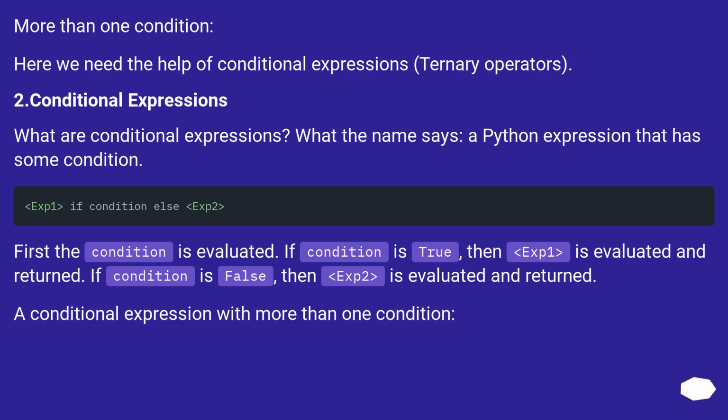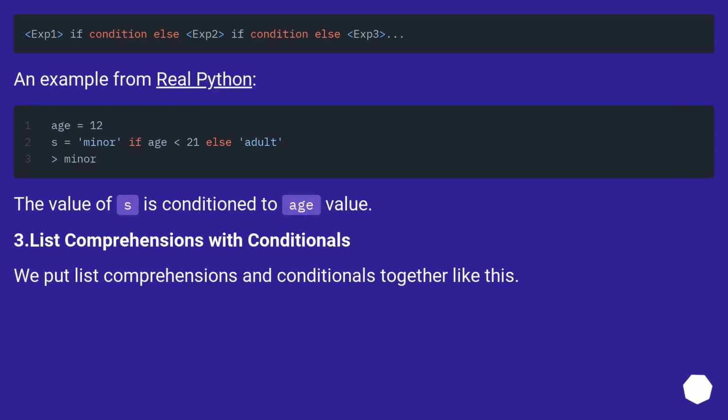A conditional expression with more than one condition. An example from real Python. The value of s is conditioned to age value.